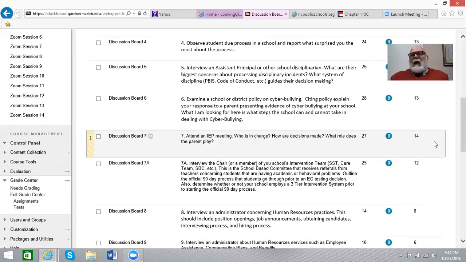They weren't related kinds of things. And when we did functional behaviors, when we did manifestation determination, we determined this has nothing to do with their disability. He has a reading disability. That had nothing to do with him fighting, selling drugs, or bringing a weapon. So there are some common misconceptions that go both ways.